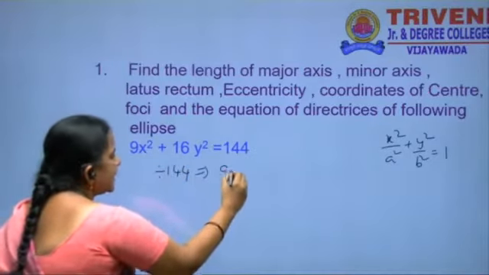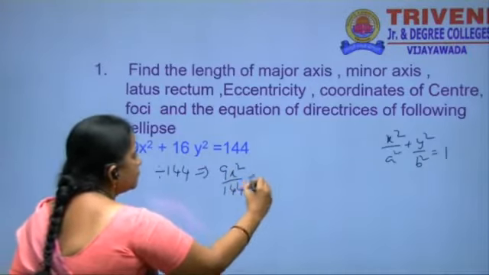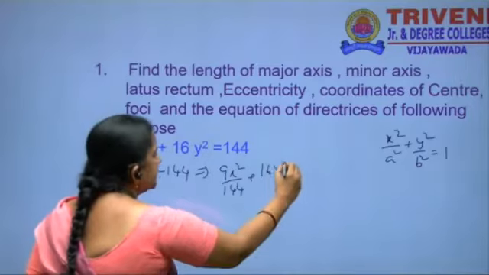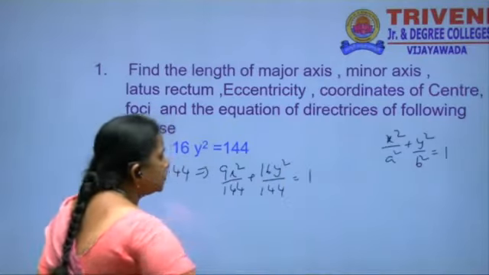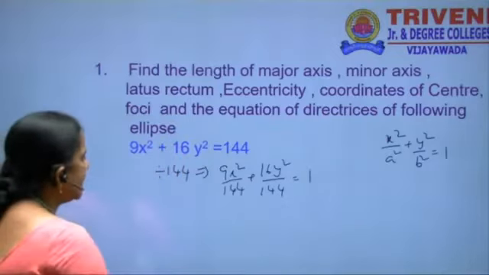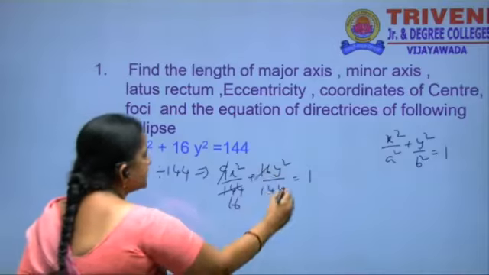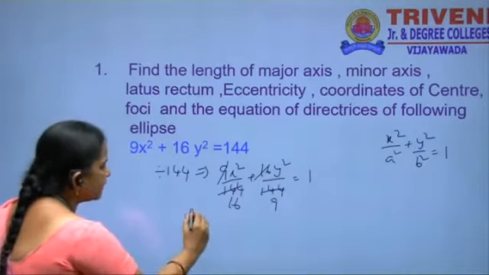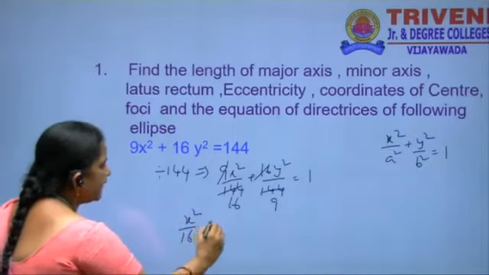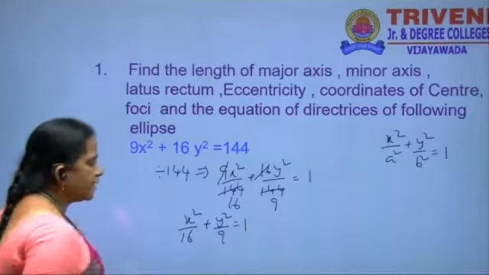We get 9x square by 144 plus 16y square by 144 is equal to 1. Here 9 will cancel 16 times, and 16 will cancel 9 times. Then x square by 16 plus y square by 9 is equal to 1.